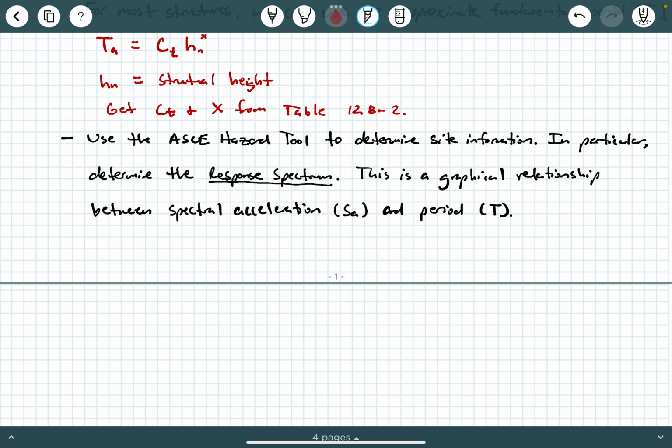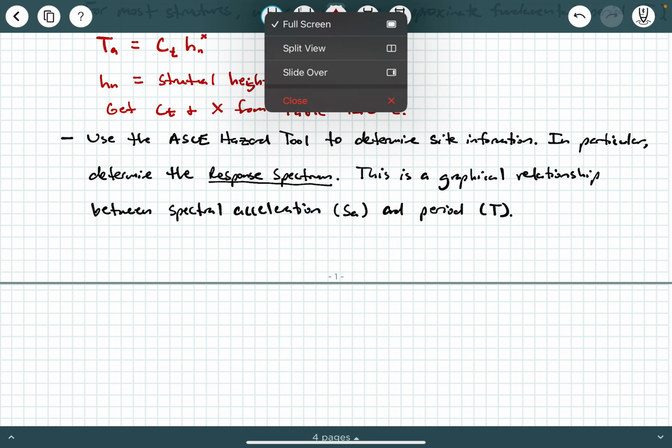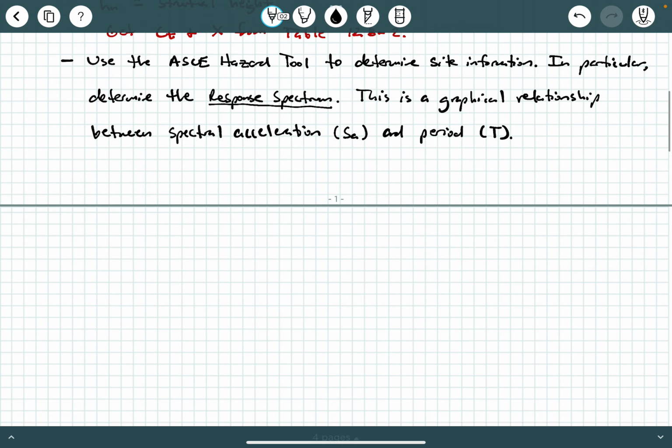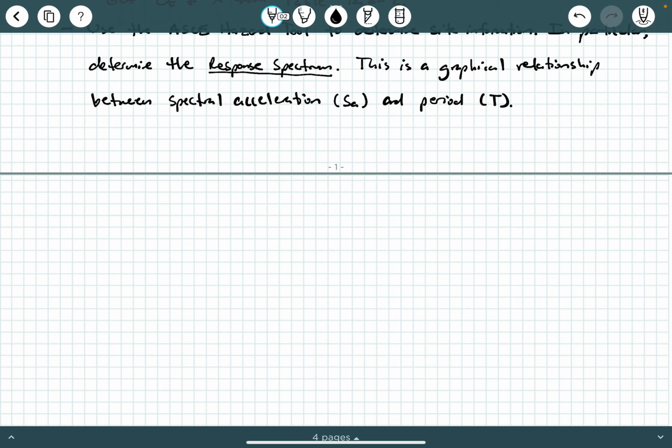Go online and just search for ASCE hazard tool. It'll come up, and play around with it. But when you get the ASCE hazard tool displayed on your screen, there are going to be a few different options for response spectrum, okay? One of them is what's called the multi-period response spectrum.